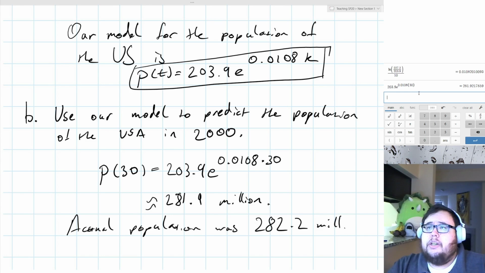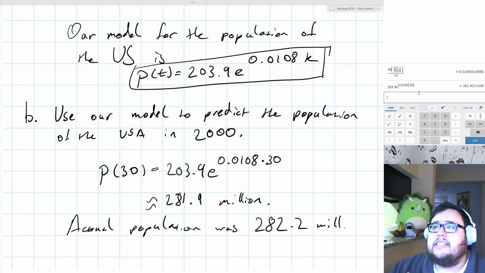Our model was based on dates in 1970 and 1980. So for this relatively close period of time in 2000, just a little bit outside of that, this model is actually pretty accurate. And the USA between the years of 1970 and 2000, 2010, so on, we've been experiencing pretty much straight up exponential growth.